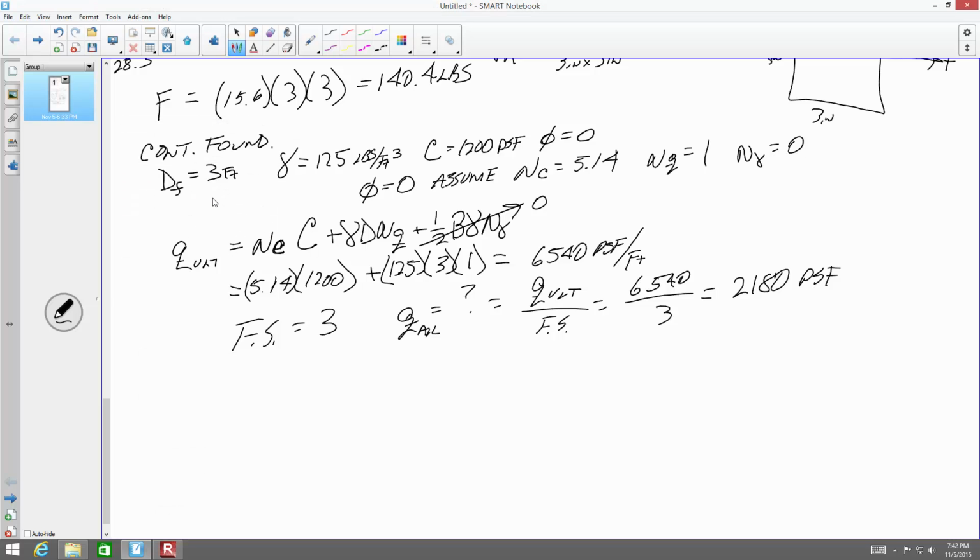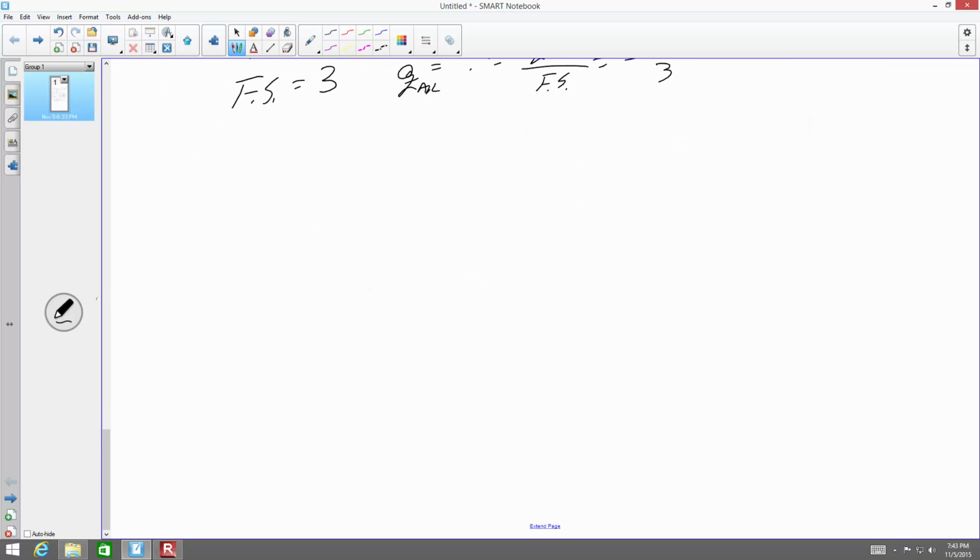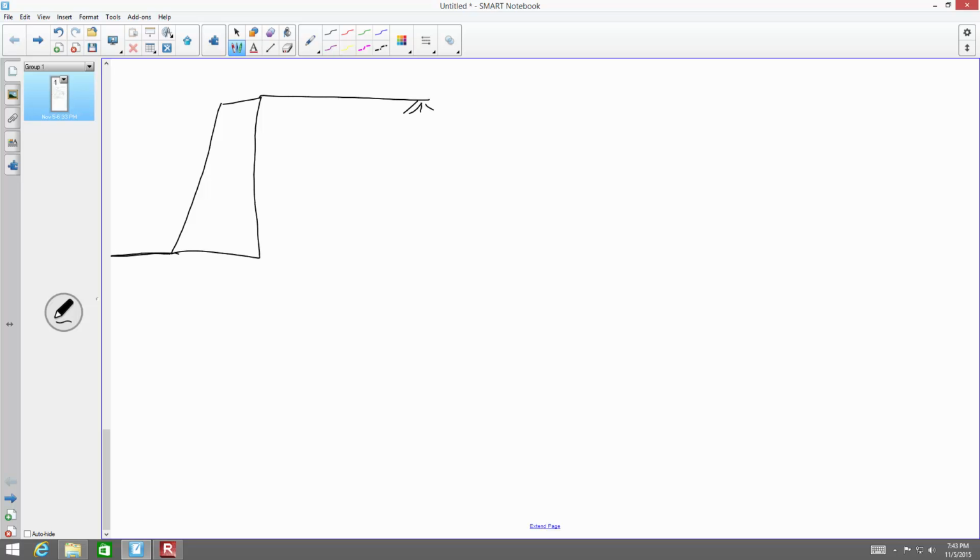All right, so let's look at some lateral earth pressure problems, and you know they're going to be on the exam. You absolutely know that's going to be on there. So we've got a retaining wall shown in the figure. Figure looks like this. The height of it is 8 feet.